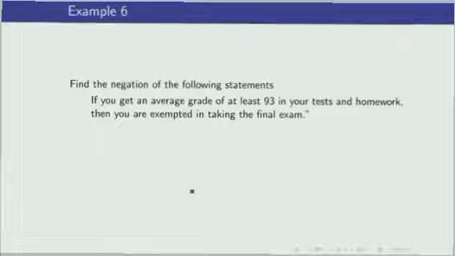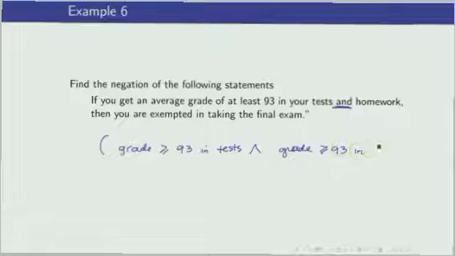Let us have another example. If you get an average of at least 93 in your tests and homework, take note, you have the word and, then you are exempted in taking the final exam. So I will turn this into simple parts. We have grade of at least 93 in tests and grade of at least 93 in homework. This is your premise. Then you are exempted. That is the propositional form of this statement.